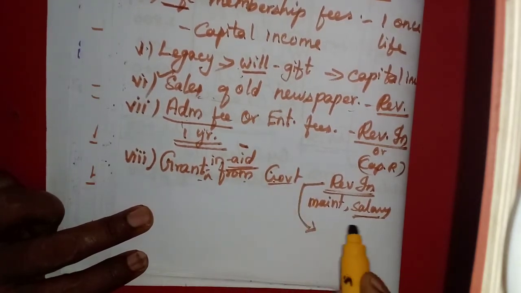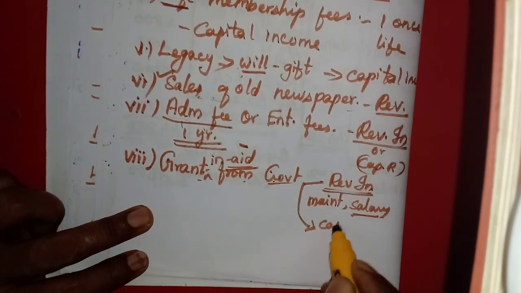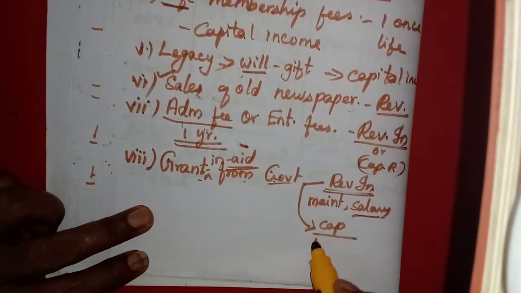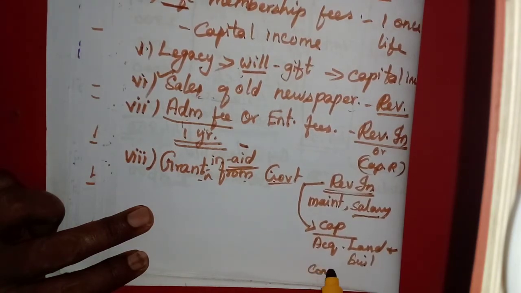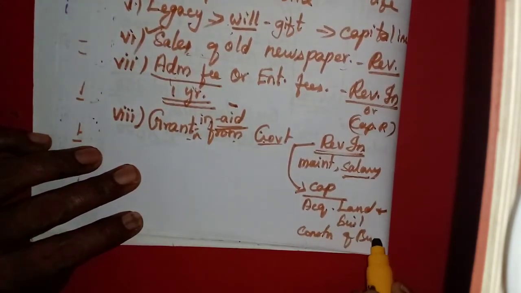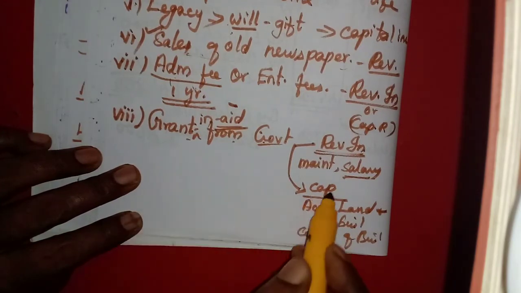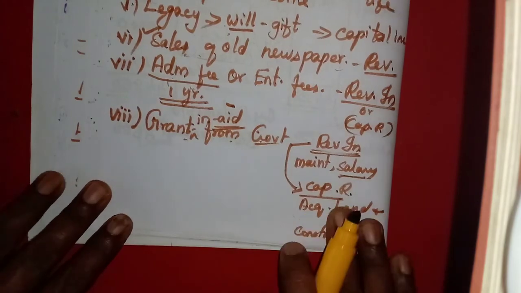It is of capital nature when it is received for acquisition of any land, purchasing any land or asset, or any building, or for construction of a building. For this purpose, if they get the grant, that time it is capital receipt.